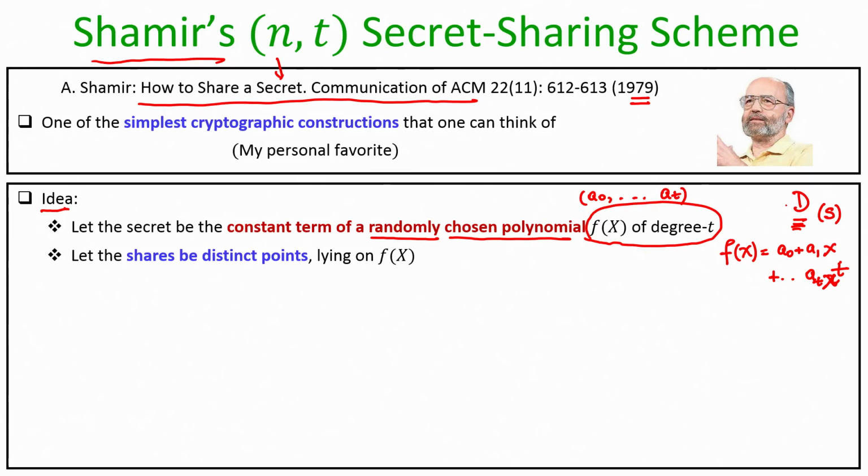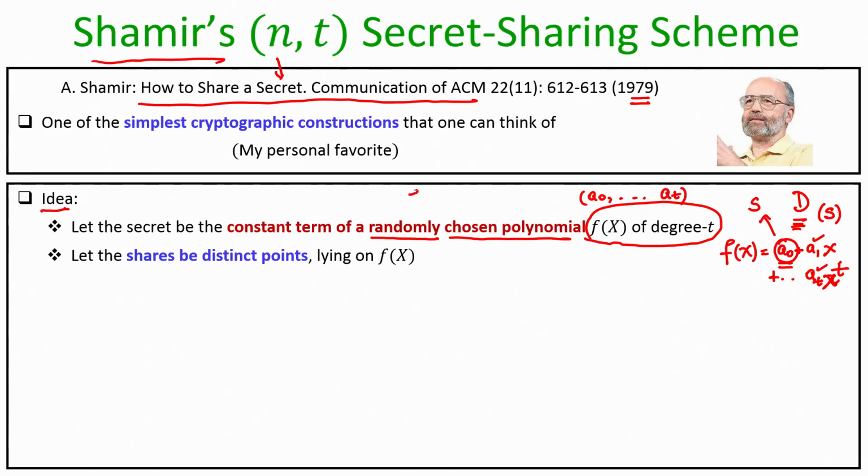Now, it is a random polynomial except that the constant term of this polynomial is the secret which the dealer wants to share. That means the coefficients a1, a2 up to a t are randomly chosen, but a naught is not random; rather, a naught is the secret s which the dealer wants to share.